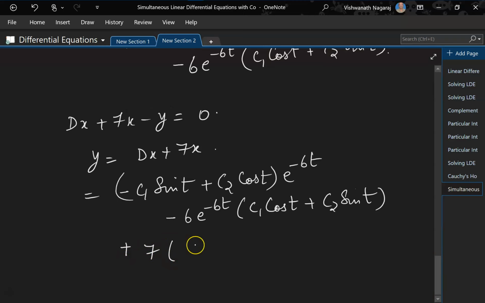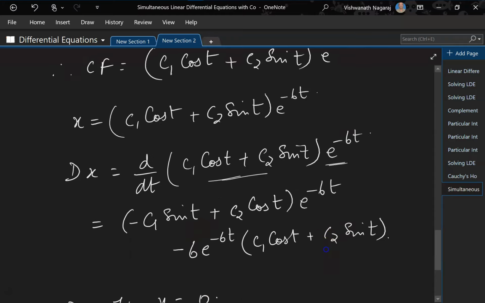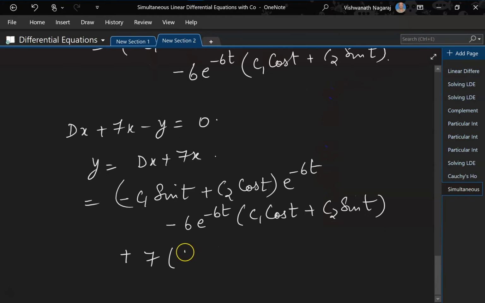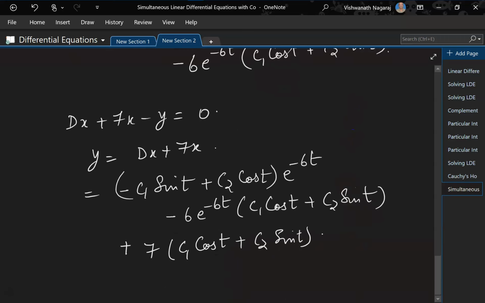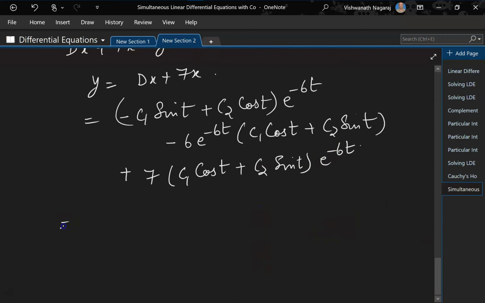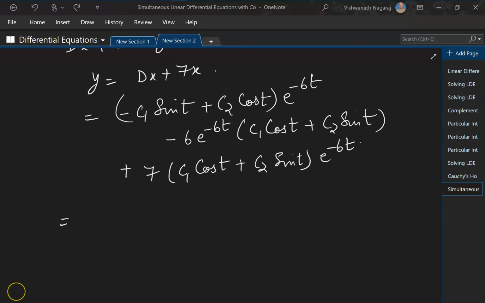And x is c1 cos t plus c2 sin t, e to the power of minus 6t. Now let's simplify this.